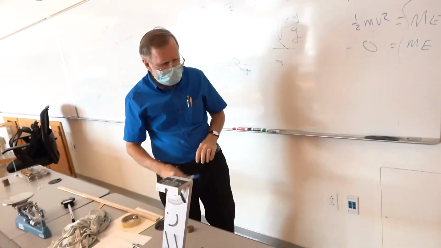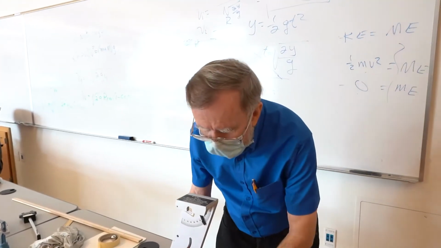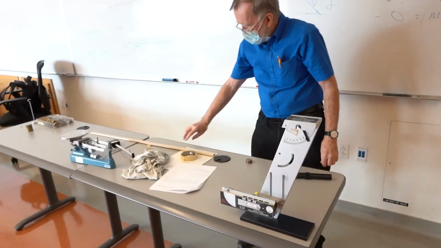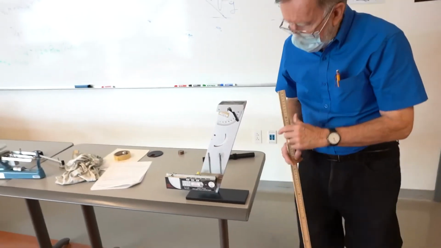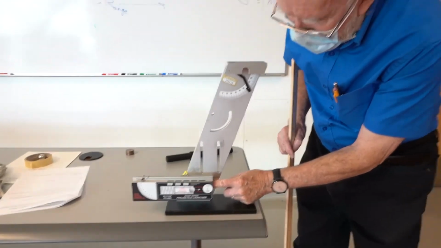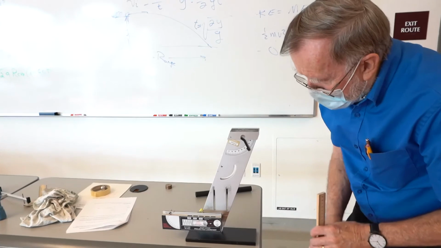But how do we actually measure these things? First of all, we need to measure the height that this is going to fall through. So to do that, this little white circle here represents the position of the ball inside the gun just as it begins to leave. So what do you think?